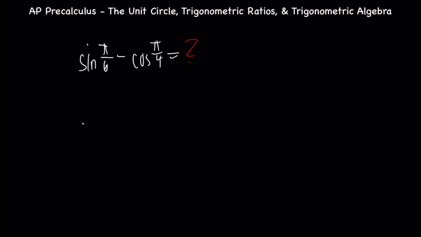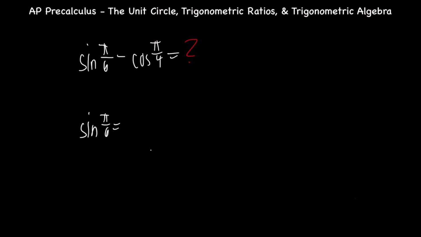We went over that the sine of pi over 6 is equal to what? What's the y value equal to when theta is pi over 6? You should know what pi over 6 equals in degrees by now. But if you don't, it's 30 degrees.